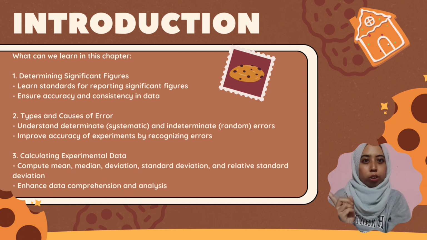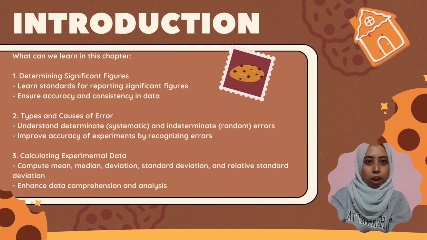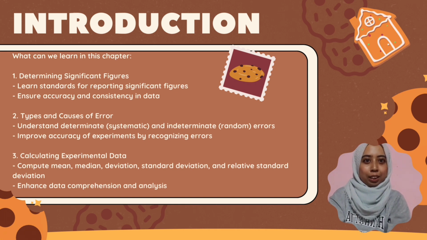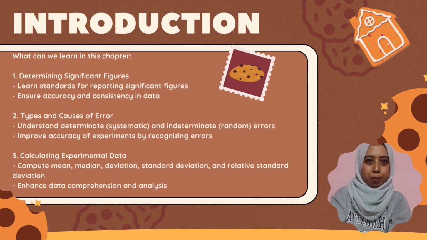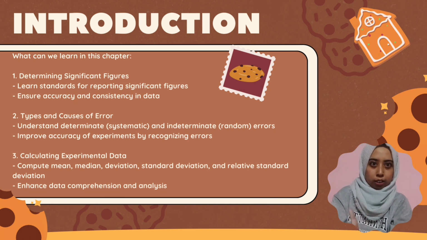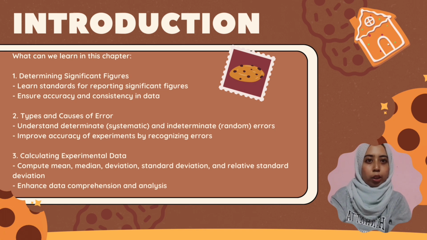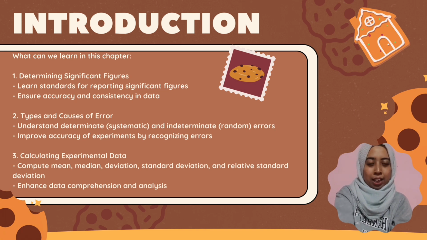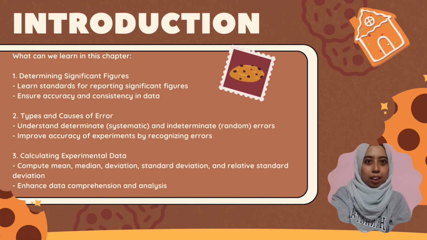Next, there are also the different types and causes of error stated in this chapter. These include comprehending determinate systematic and indeterminate random errors. Recognizing these flaws is critical to increasing the accuracy in our experiment. Then, we will learn how to calculate all experimental data with precision and accuracy.